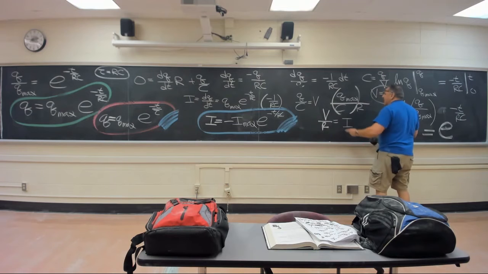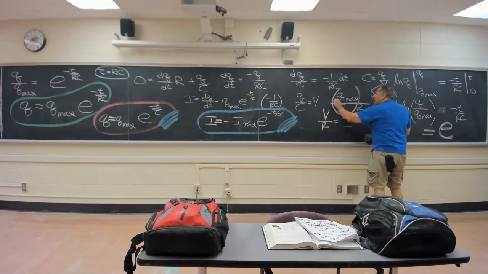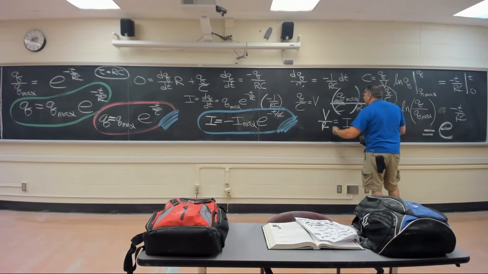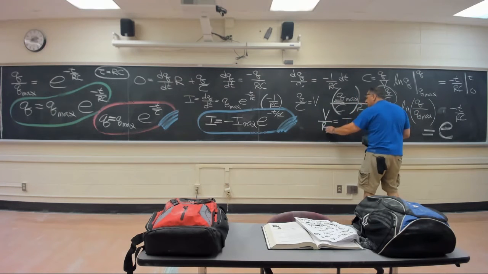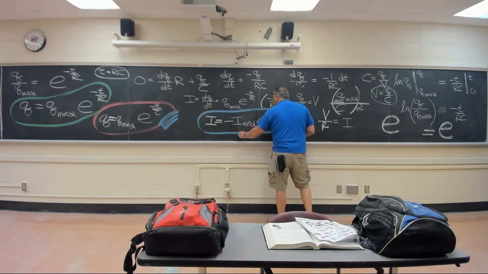How much current? It's a maximum current because this is a maximum charge. Maximum charge divided by a particular capacitance, this being the biggest number possible for charge, maximum charge divided by a capacitance is the maximum voltage that you can have. Well, the maximum voltage for a given resistance is going to give you a maximum current.